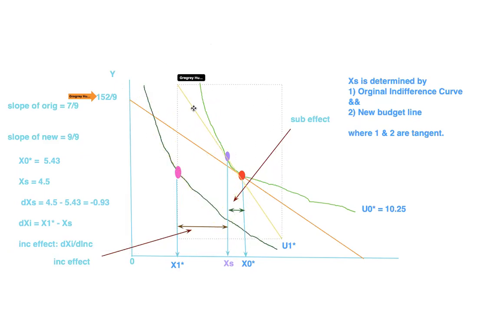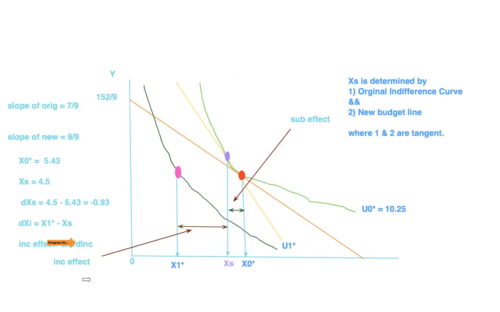But for this one, only if we found the level of income associated with this fictitious budget constraint that helps us identify the substitution effect would we be able to actually calculate the change in income here. And so I've never expected students to do that.